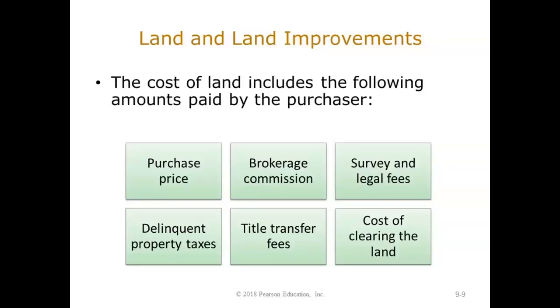You also might have some delinquent property taxes that you have to pay, title transfer fees, and if you're buying that land for the location, you may have some excavation or may have to clear the land a bit. So again, these are all costs that we're going to be adding to the cost of land.